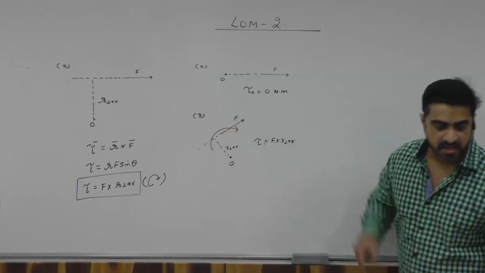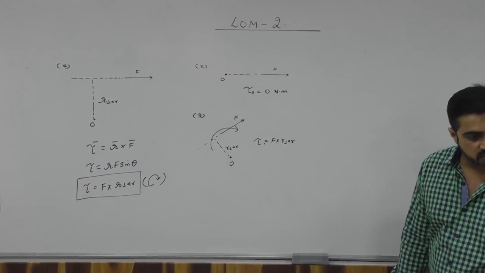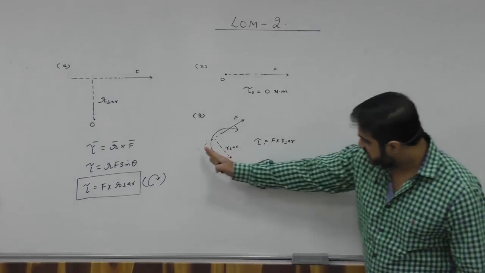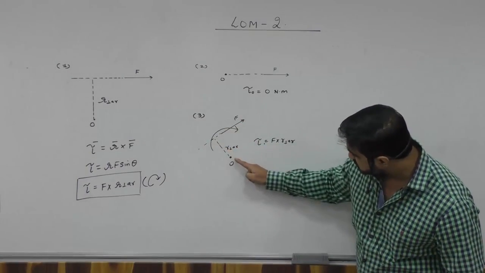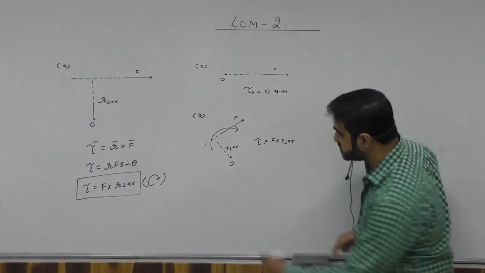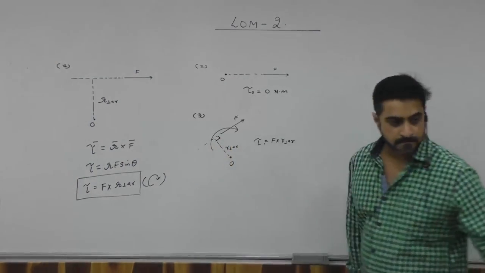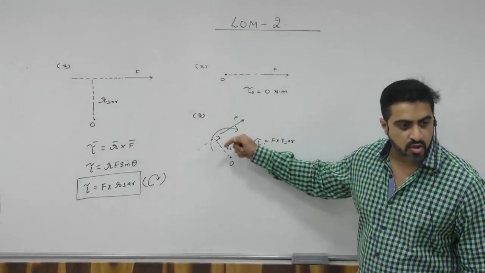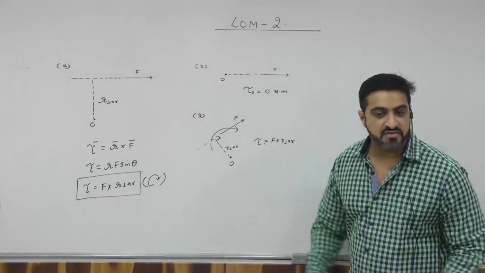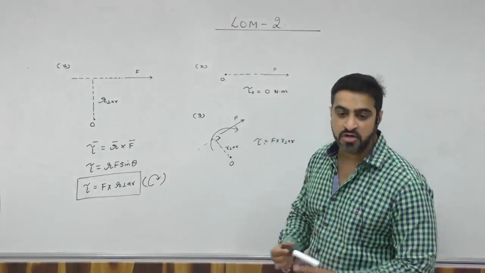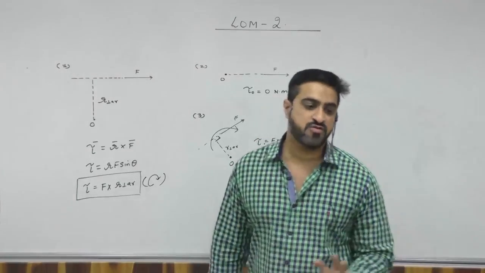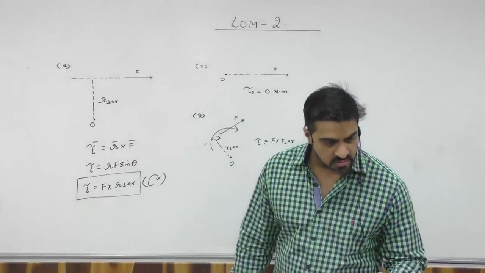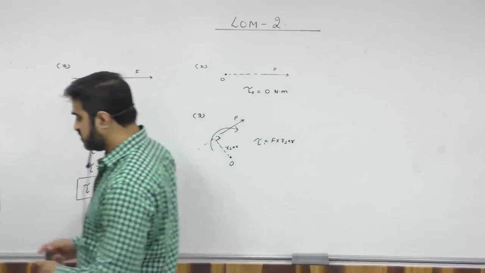Getting it what's happening? F, I have increased the line of action of force, and from this point is perpendicular distance. Na? Got it, everyone? So this is how we calculate torque about different points, and which is very much necessary for non-concurrent forces. Got it? Please make this, then I'll move ahead.